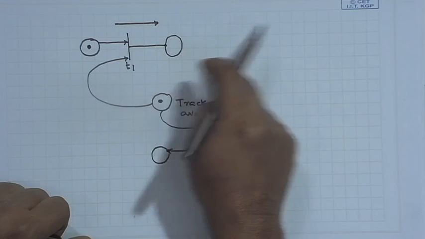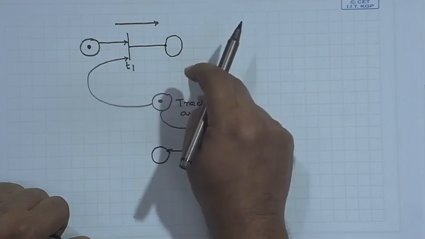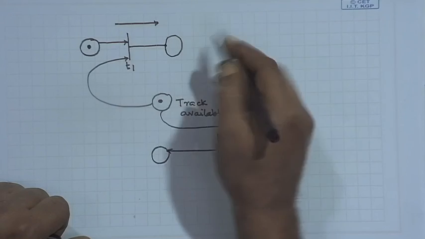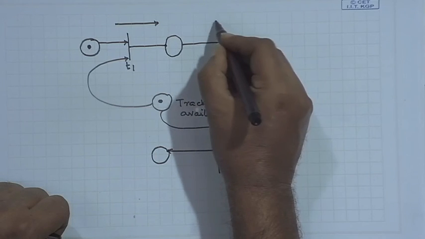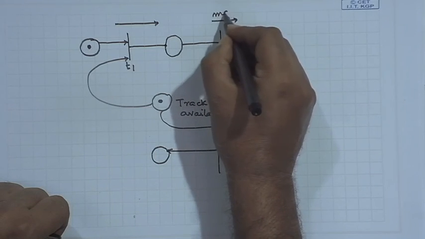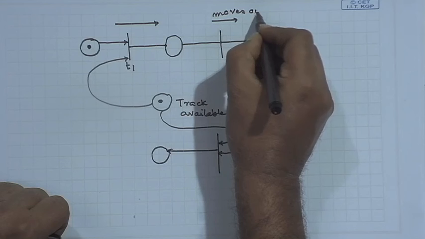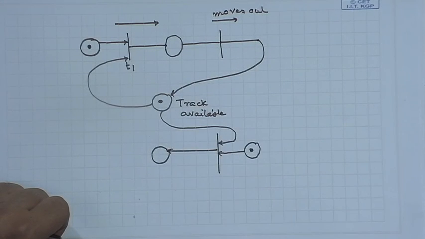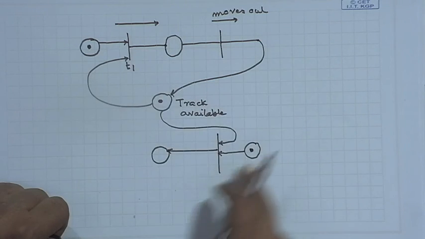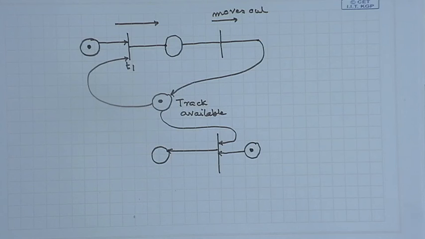Now, as it moves out of the junction, it can return the token here, and then this one can proceed. So, in this way I can represent this scenario.